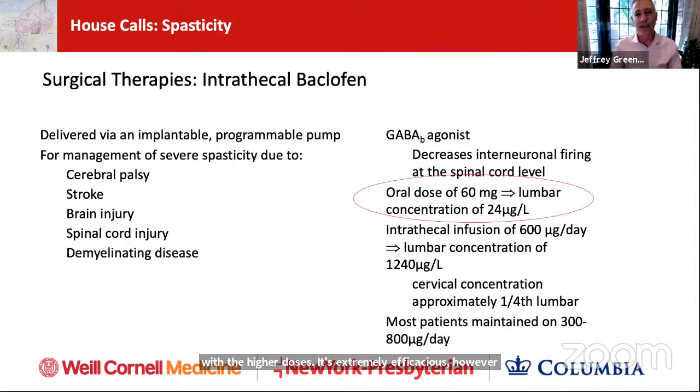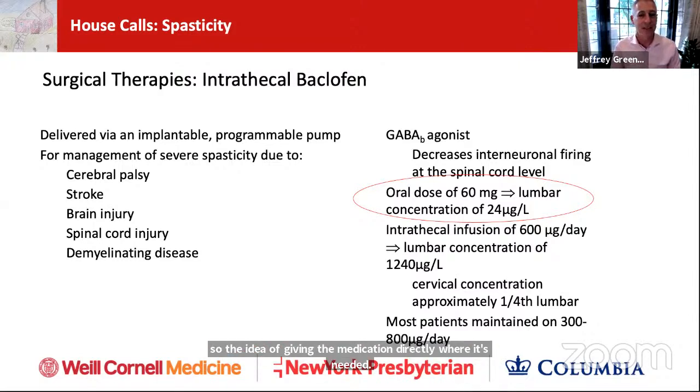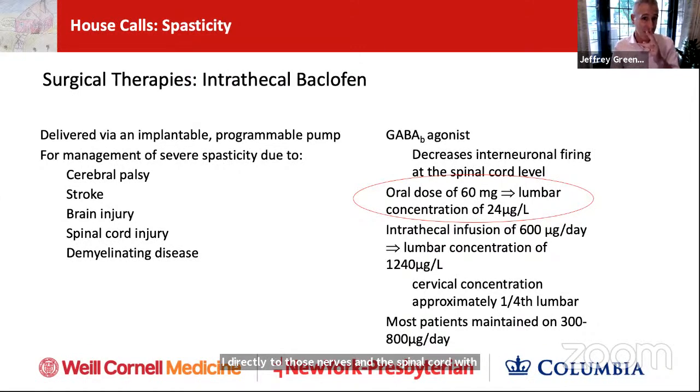And so the idea of giving the medication directly where it's needed, i.e. directly to those nerves in the spinal cord where those receptors are, was something that was thought about and approached probably 30 or so years ago now, and has been incredibly successful. The idea of giving much less medication, but in a more focused way to those nerves, has been the tenet of what the baclofen pump or intrathecal baclofen is based upon.